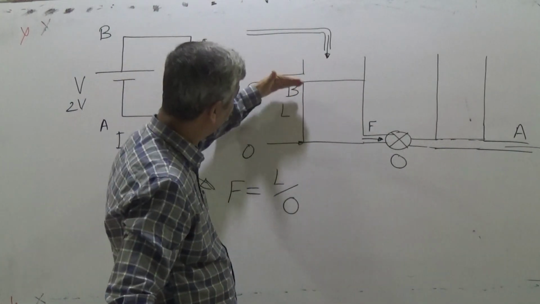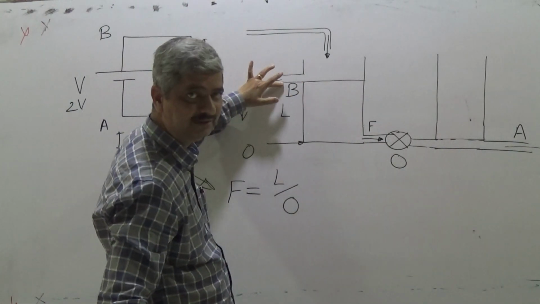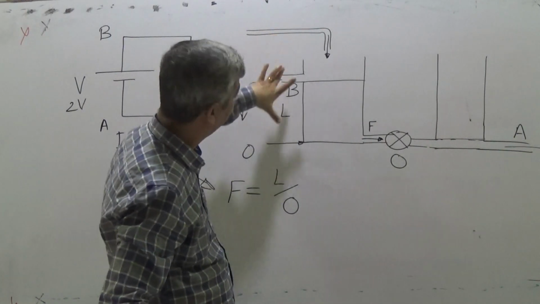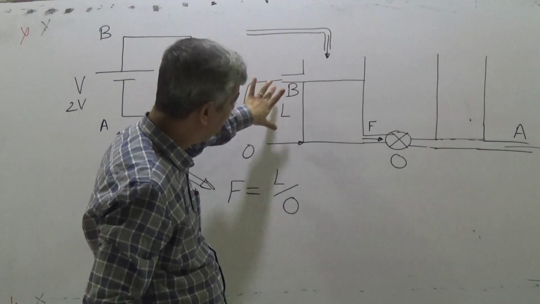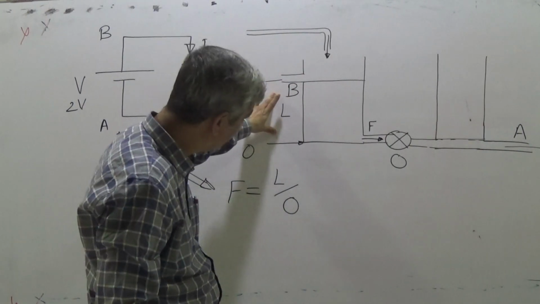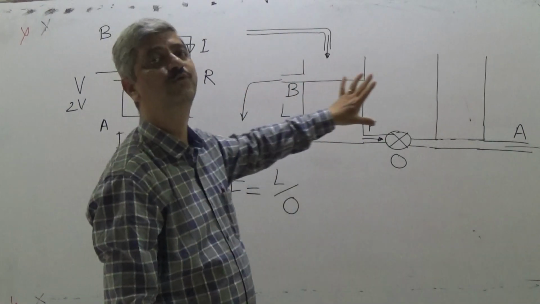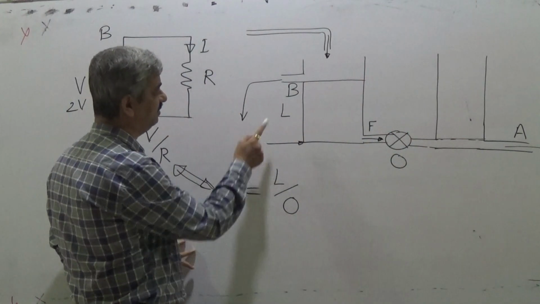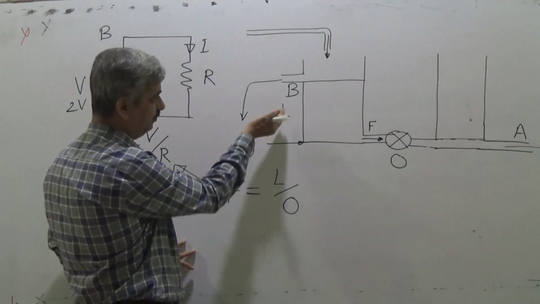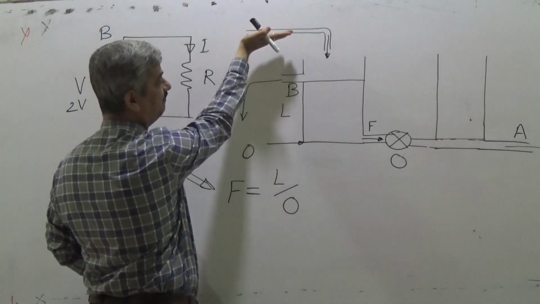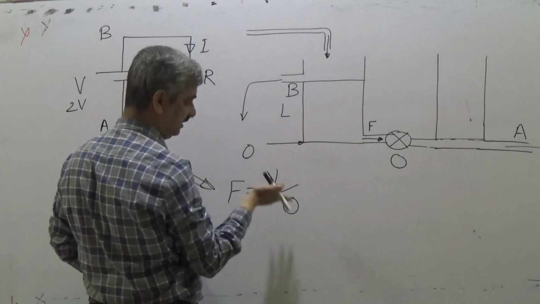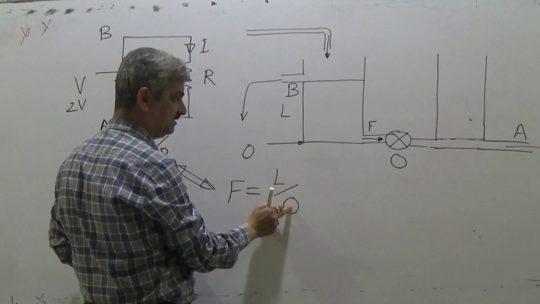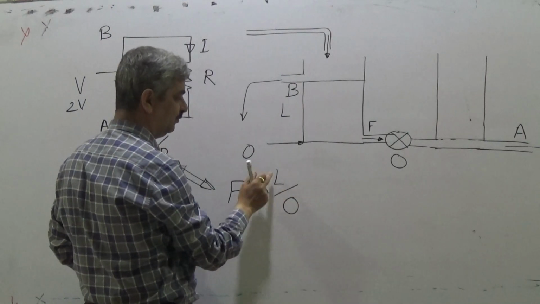Obviously, if you take this overflow tap upwards, L will increase. If L is more, flow will increase. So if this is taken up, flow will increase for given O. For given L, if O is more, flow is less. If O is less, flow is more.